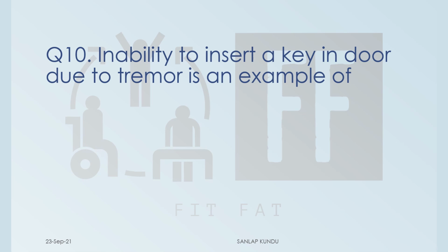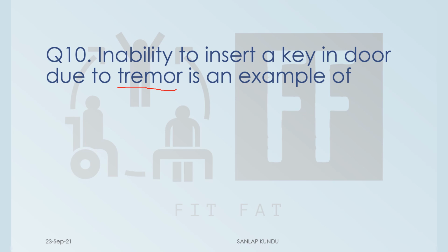Question number 10. Inability to insert a key in a door due to tremor is an example of. Okay, so first, what is tremor? Right? Tremor is basically an uncoordinated movement. You know, there is dysmetria, dyssynergia, dysdiadochokinesia, basically due to the involvement of the cerebellum and cerebellar tracts, right?